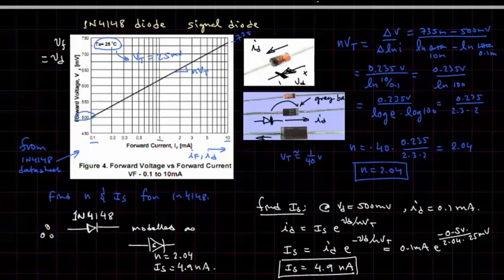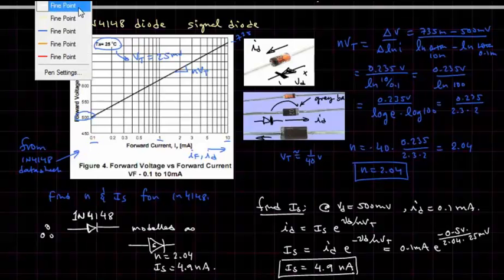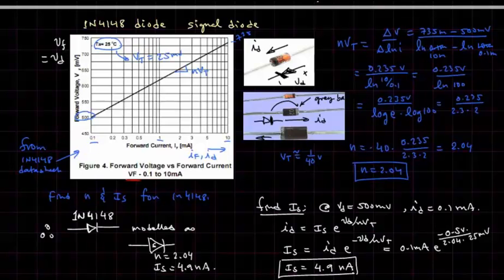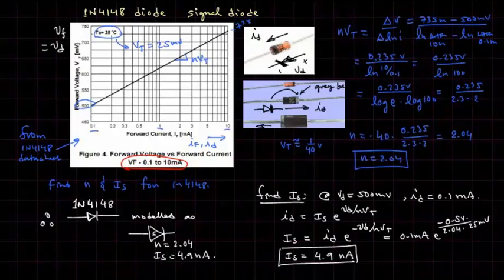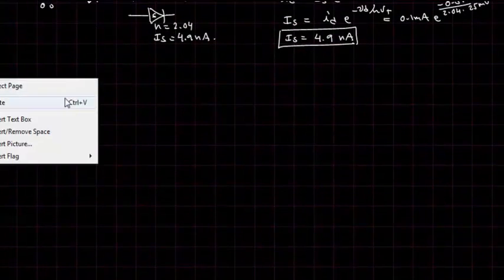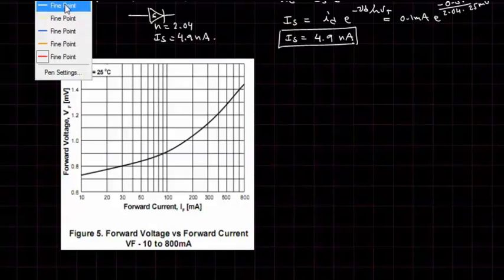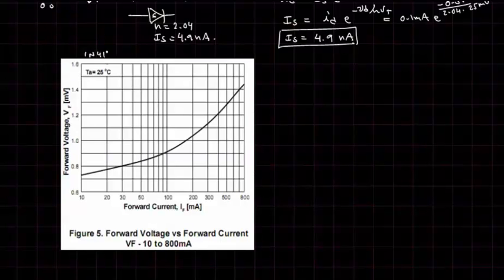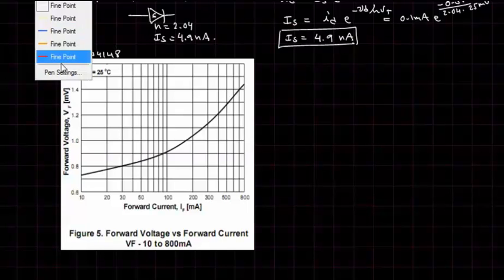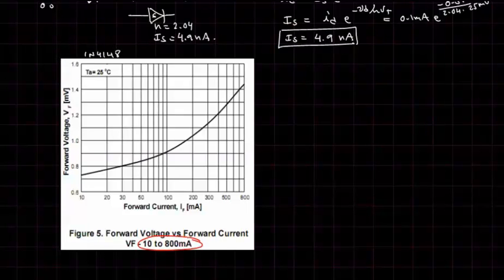Now there's a little bit more to this model, or to this diode. Notice that this particular curve that I provided was for currents between 0.1 and 10 milliamps, but this diode is rated above 10 milliamps. So here is the curve from the data sheet for the 1N4148, but over a range of current that extends up to 800 milliamps.